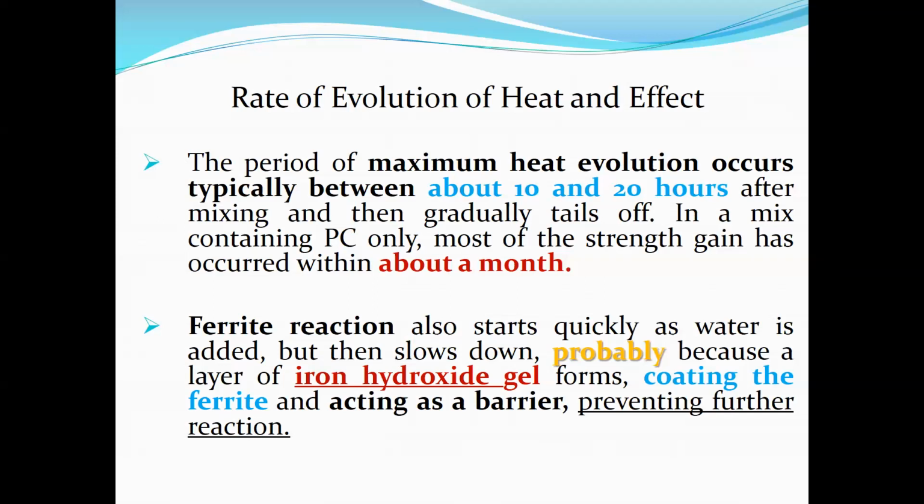Tricalcium aluminate কথা আমরা বলেছি. Block compound সেখানে আমরা মেইনলি C3A বলেছি যে it is responsible for quick setting, then C3S হচ্ছে প্রথম 7 দিনের strength, then we said that C2S হচ্ছে 7 দিনের পর strength, এবং C4AF tetracalcium aluminoferrite বলেছিলাম যে it does not take part in chemical reaction. কেন chemical reaction এ অংশগ্রহণ করে না, এটার একটা কারণ এখানে বলা হয়েছে যে the ferrite reaction also starts quickly as water is added.